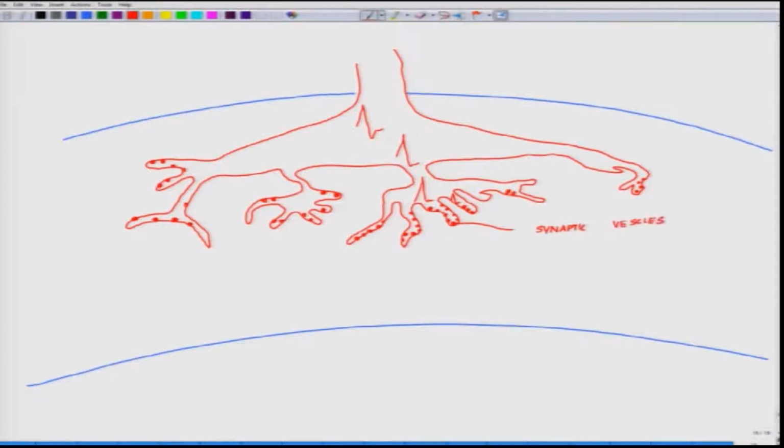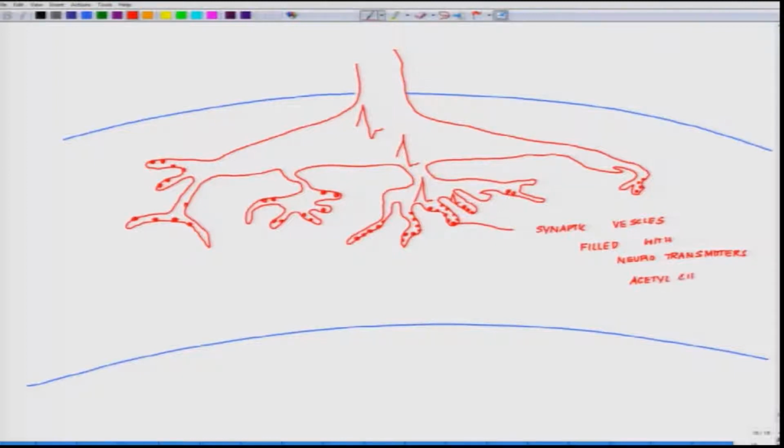These synaptic vesicles are filled with neurotransmitters, and most of these neurotransmitters in the mammalian systems is acetylcholine.